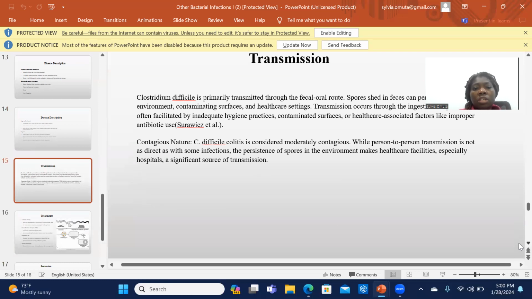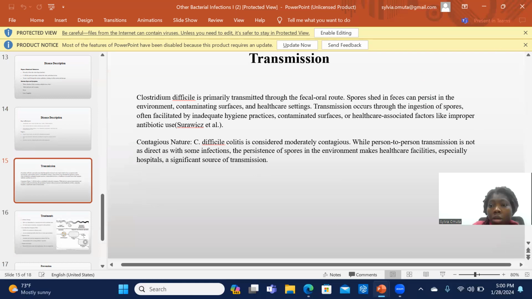Transmission. C. difficile is primarily transmitted through the fecal-oral route. Spores persist in the environment, contaminating surfaces, and healthcare transmission occurs through the ingestion of spores, often facilitated by inadequate hygiene practices, contaminated surfaces, or associated factors like improper antibiotic use.